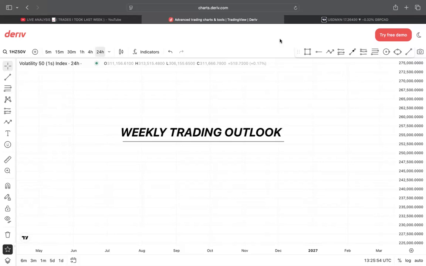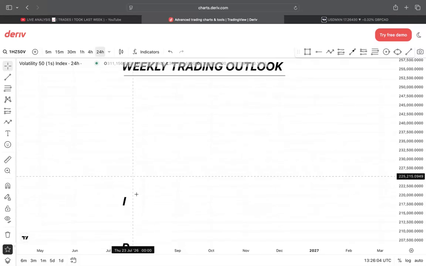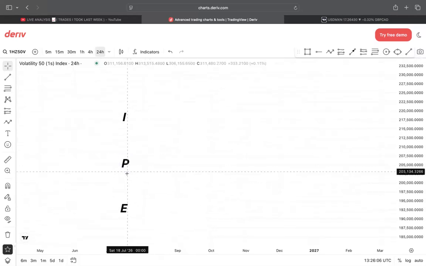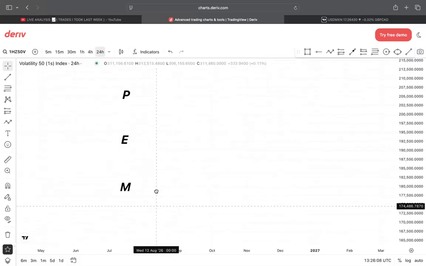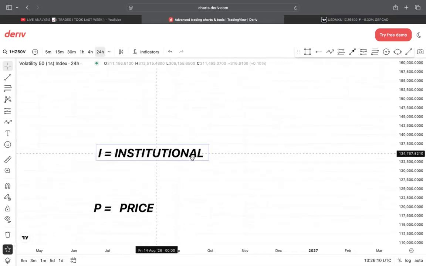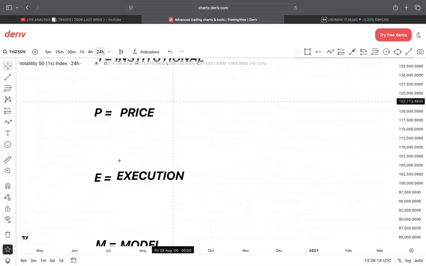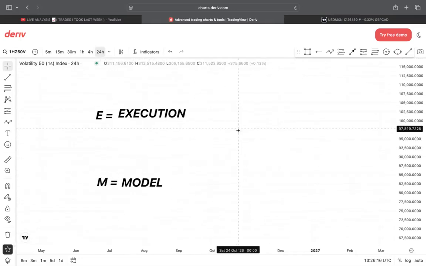Now, most of you guys must have seen my setups and wondered which strategy I trade, right? So I basically trade the IPEM, which means institutional price execution model, okay?